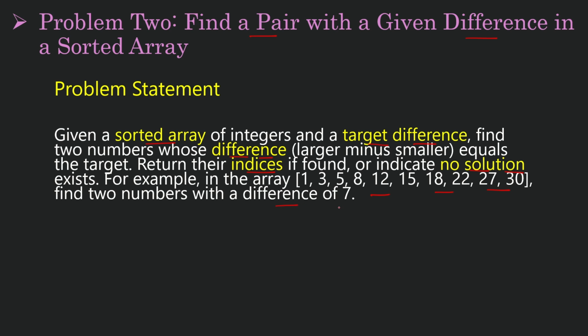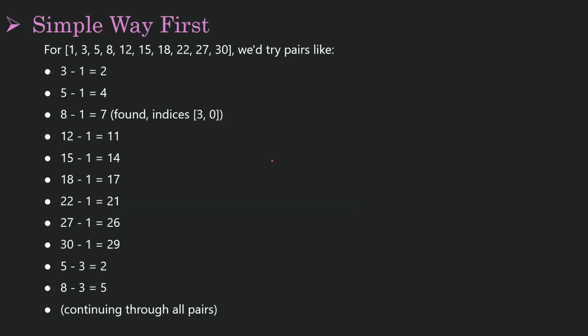difference of 7. A brute force approach checks every possible pair of numbers. For 1, 3, 5, 8, 12, 15, 18, 22, 27, 30, we try pairs like 3 minus 1 equals 2, 5 minus 1 equals 4, 8 minus 1 equals 7. Found.